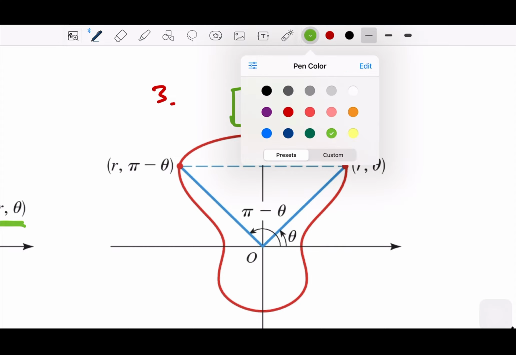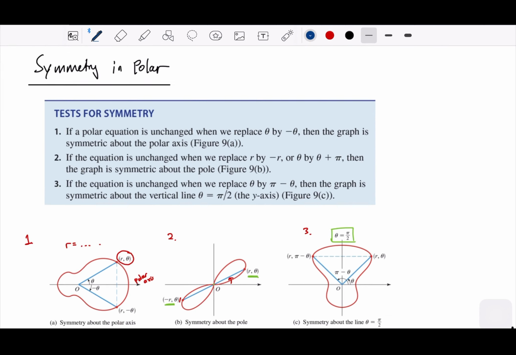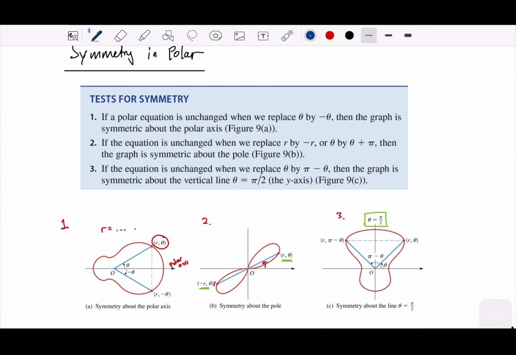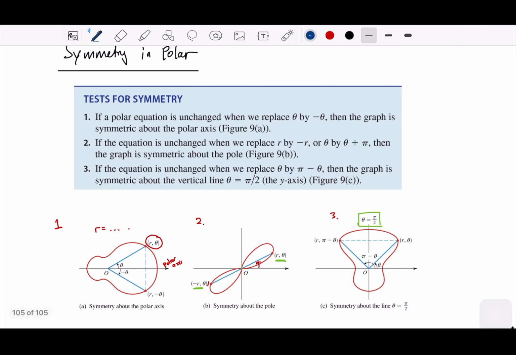Now from this symmetry test, we are going to check how we can graph our equations for polar curves, especially for something that is going to have some repetitions, and we are also going to see the pattern on the polar curves.